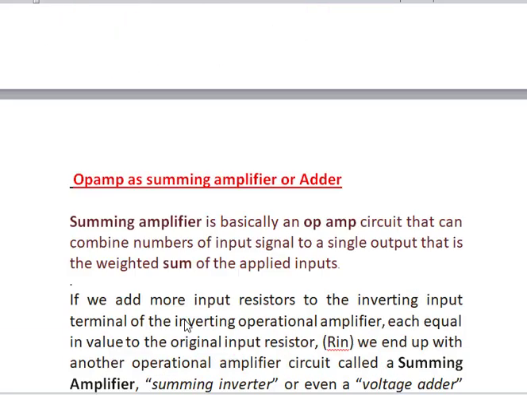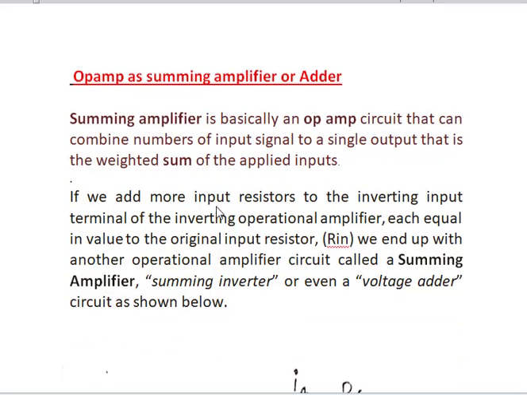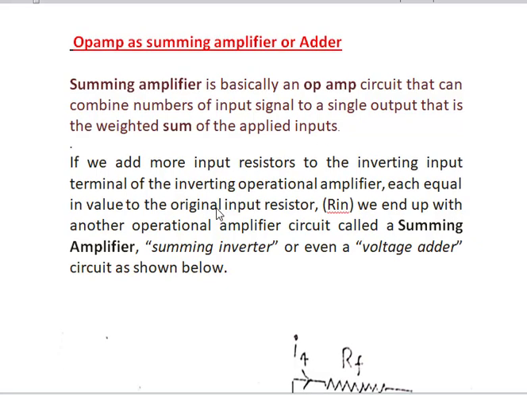Okay. Now we will discuss the operational amplifier as a summing amplifier or adder. What is a summing amplifier? The summing amplifier adds the input signals, the input voltages, and gives the addition in its output.